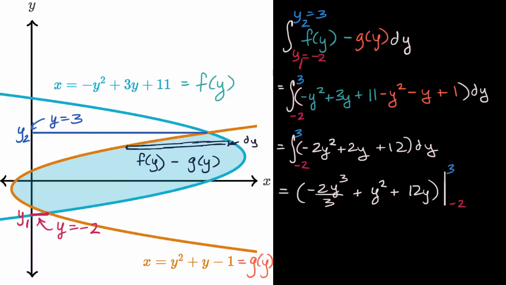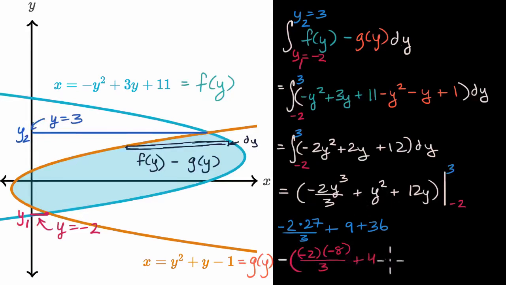So if we evaluate that at 3, we are going to get negative 2 times 27 over 3 plus 9 plus 36. And then we are going to want to subtract all of this evaluated at negative 2. So it's going to be negative 2 times negative 8 over 3 plus 4 minus 24.